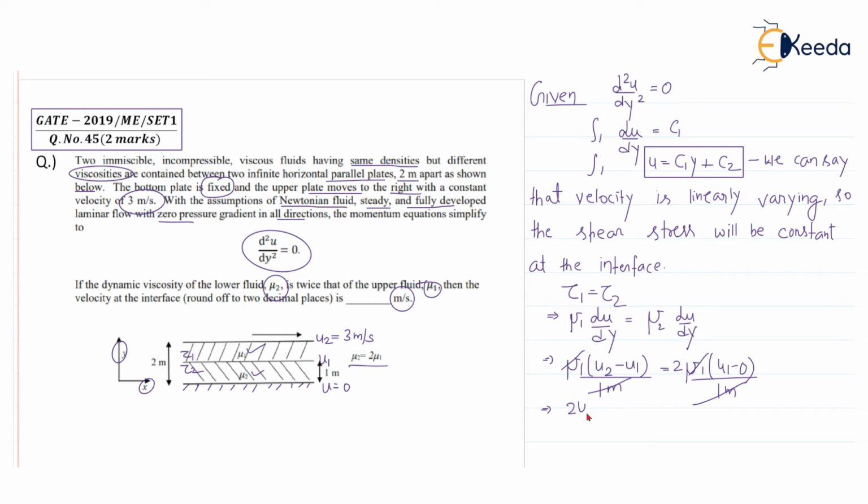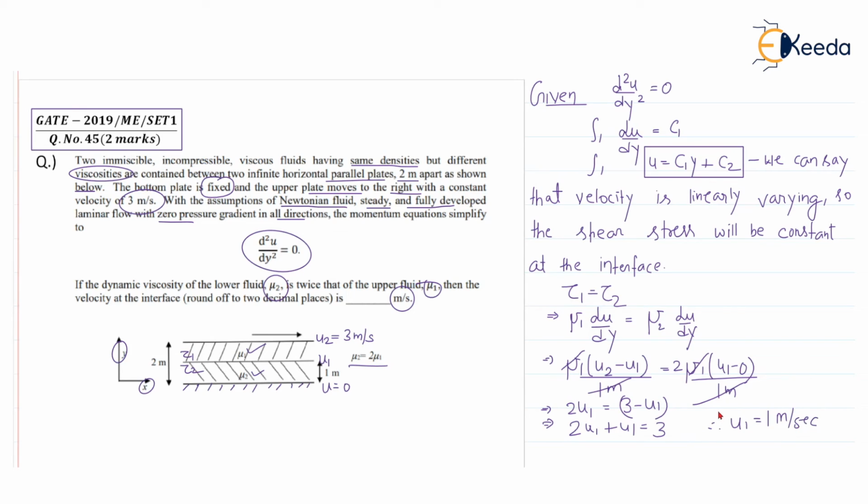Twice u1 is equal to u2, which is 3 minus u1. Or 2u1 plus u1 equal to 3. Therefore u1 is equal to 3 by 3, which is 1 meter per second.